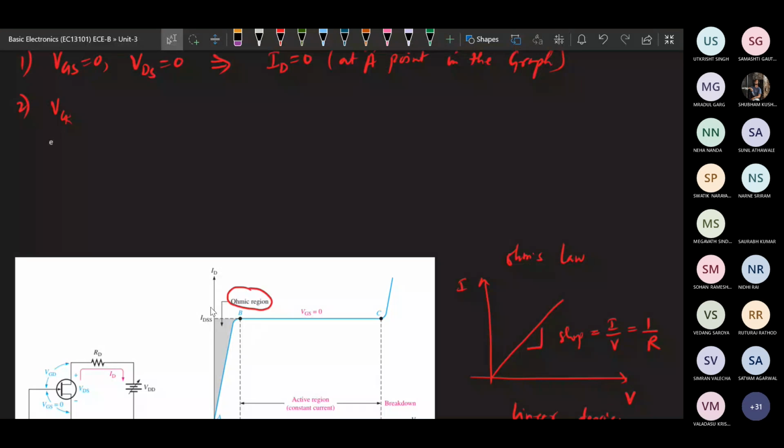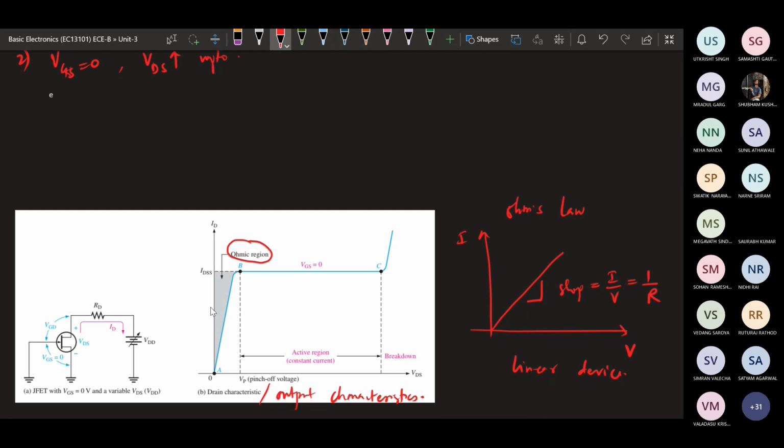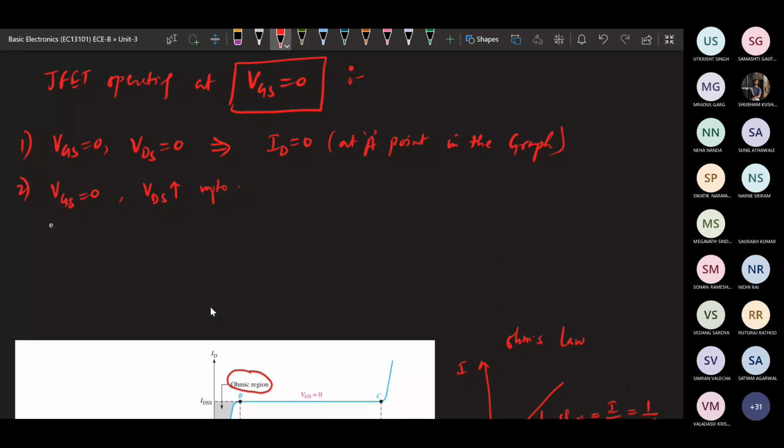So in this case, when VGS is equal to 0 and VDS increases, we are increasing it up to the Vp voltage. So we are increasing the VDS up to Vp.